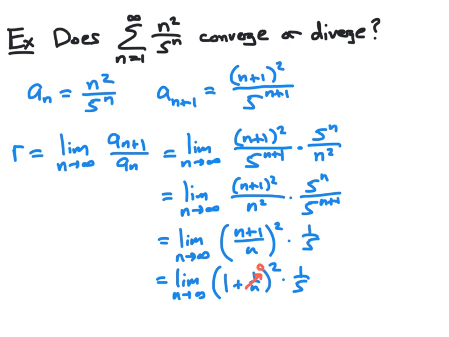And so this limit will go to 1 times 1/5, which is just 1/5. So our value of r for this particular series is 1/5, which we know is less than 1. And since our value of r is less than 1, our series is going to converge by the ratio test.